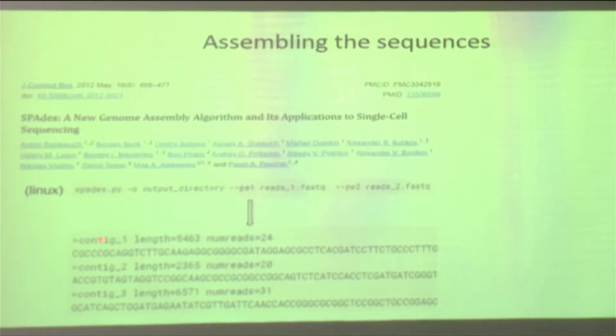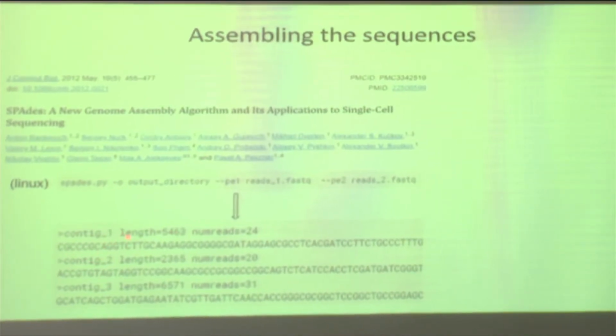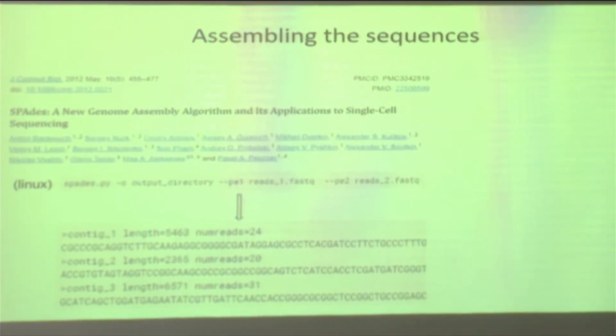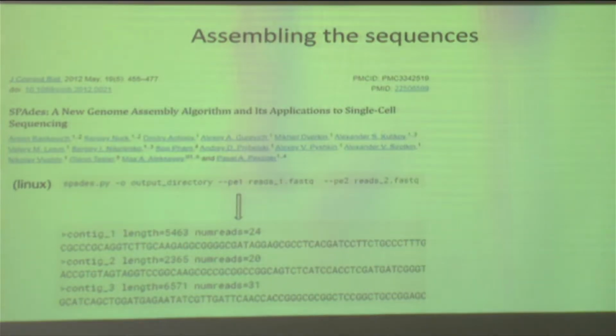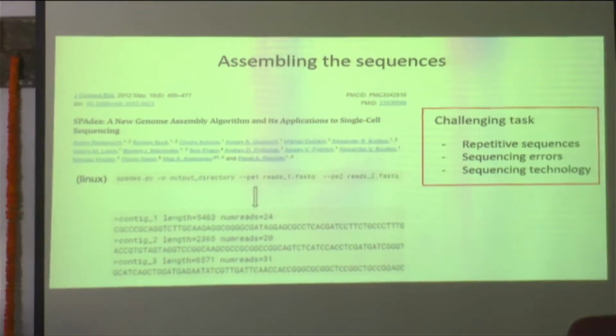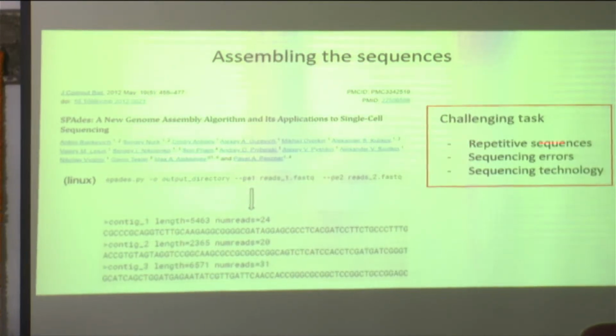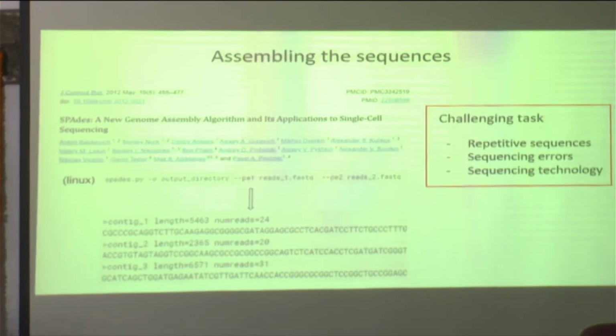SPAdes is very nice because it not only names the contigs, but also shows you the length of the contig that you got, and the number of reads that were used to build that contig. But this is a very challenging task, and Victor touched upon this a little bit. There are repetitive sequences, which is why new algorithms have been developed. There can be sequencing errors that interfere with this process.